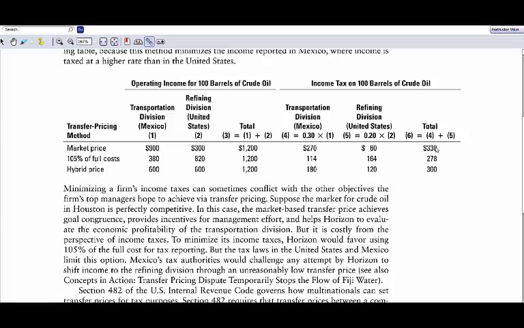Walmart, for example, signed the first bilateral APA between the U.S. and China in 2007. The number of countries that have imposed transfer pricing regulations approximately quadrupled from 1995 to 2007, according to a report by KPMG in 2008.